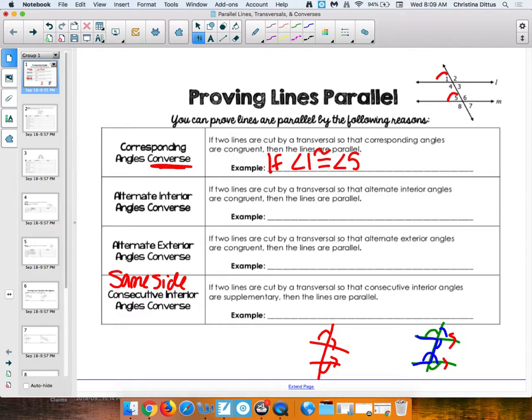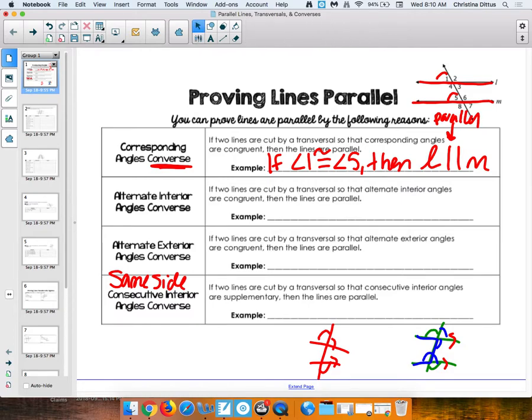So if those angles are congruent, then I can say line L is parallel to M. Remember, this thing means parallel. This does not just have to be 1 and 5. You could also say 4 and 8, 2 and 6, 3 and 7. That's just an example. So if you have a pair of congruent corresponding angles, then your lines have to be parallel.